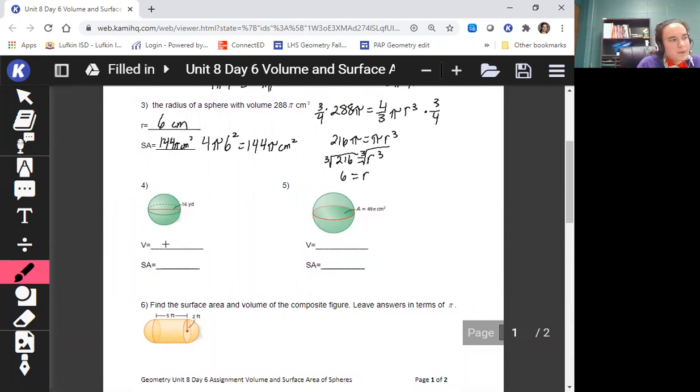Number 4, we need to find our radius first because we have our diameter. So 16 divided by 2 is 8, and that is our radius. So we're going to have 4/3 pi times 8 cubed.